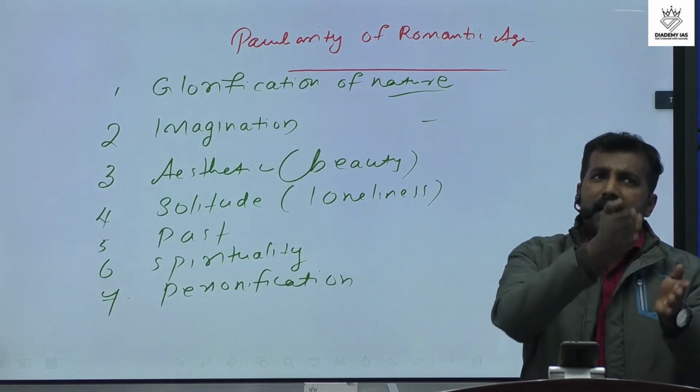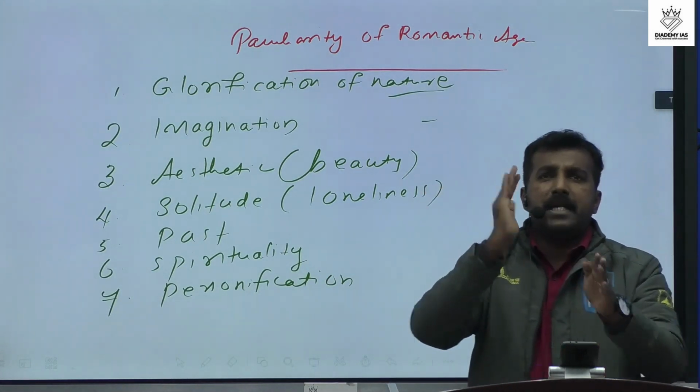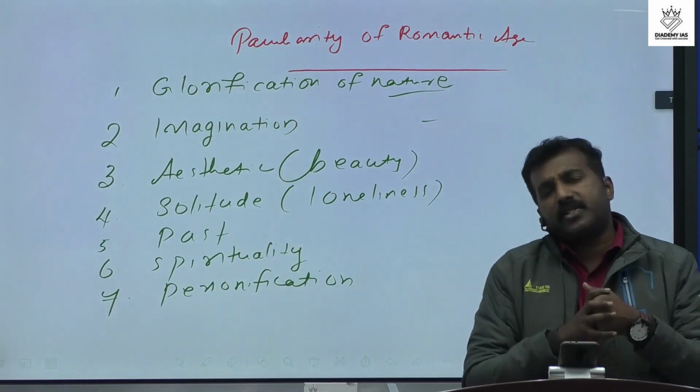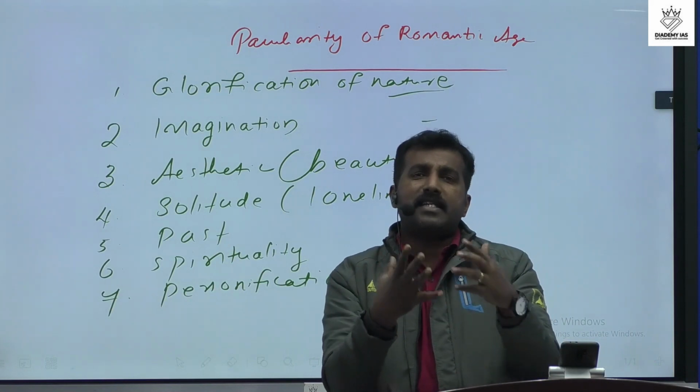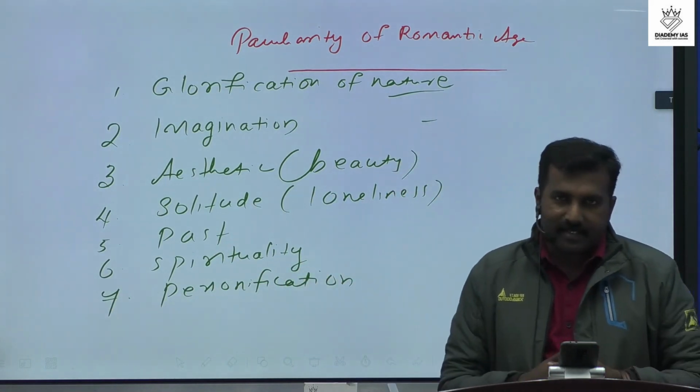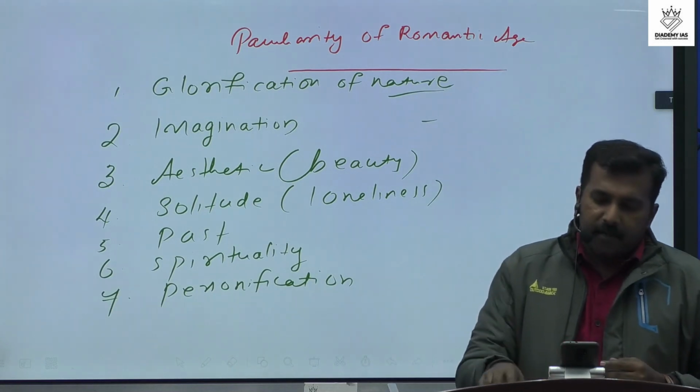Specifically, they compare a person with a star, a flower, a river. So personification was an important feature in Romantic literary works. So these are the important features.